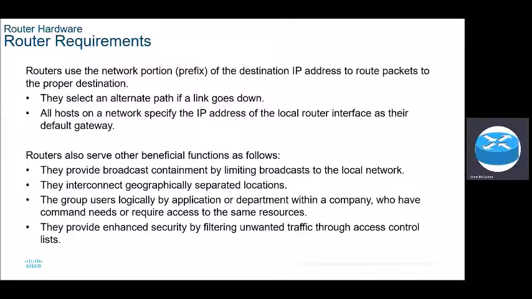They interconnect geographically separated locations, so they have lots of options when it comes to interfaces, and of course you can plug WAN links into them. They group users logically by application or department within the company who have common needs or require access to the same resources, and they provide enhanced security by filtering unwanted traffic through access control lists.